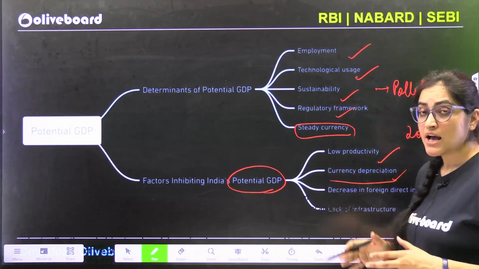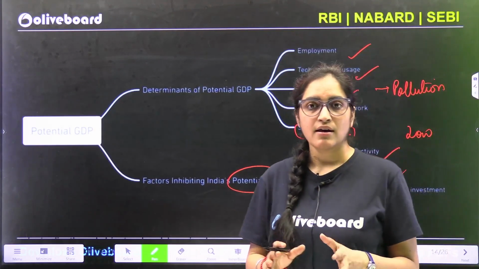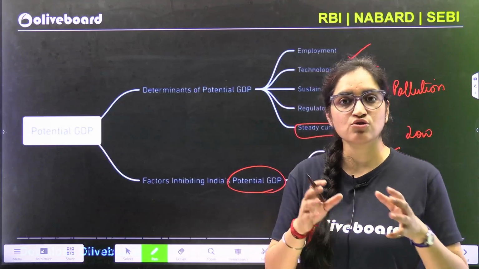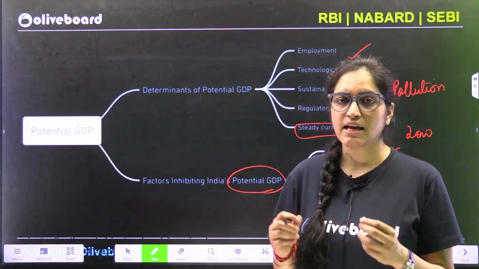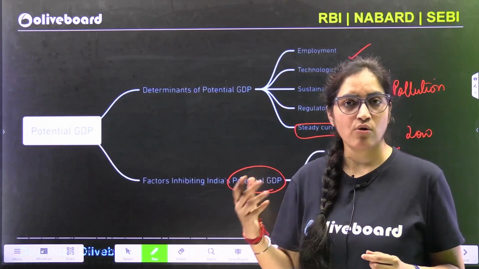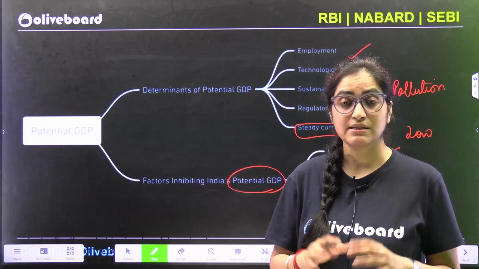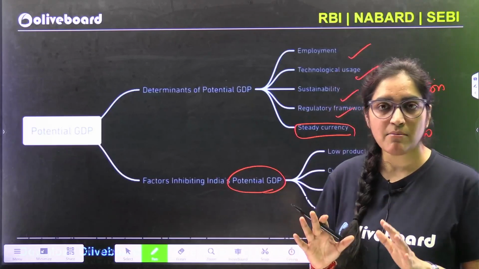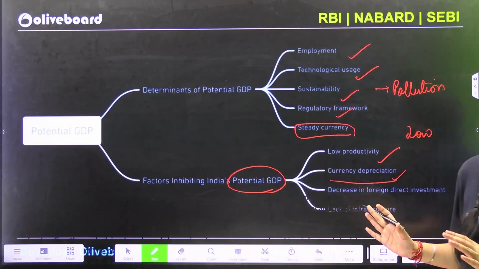Sometimes RBI tries to intervene and do certain operations to stabilize our currency, either via sterilization or OMOs, open market operations. But still, there is some amount of volatility in the value of our currency.